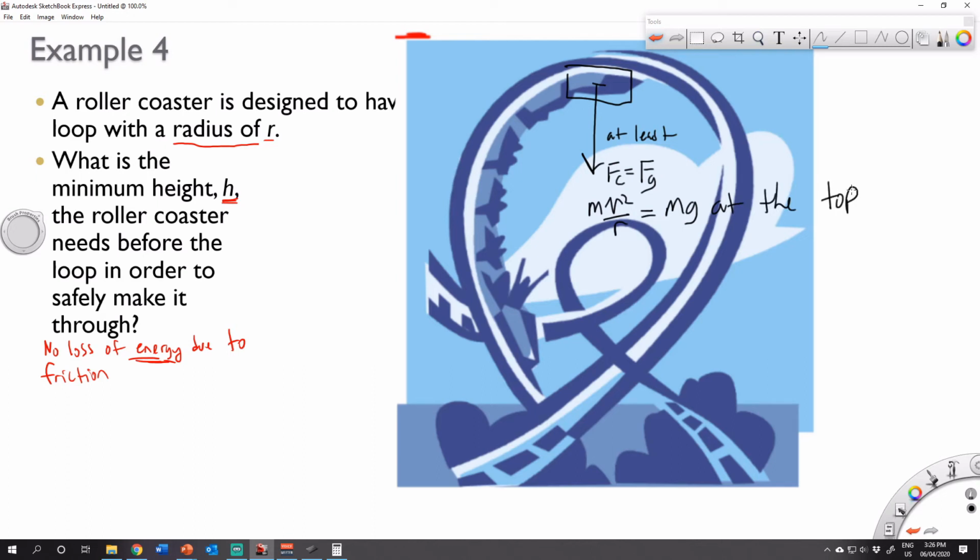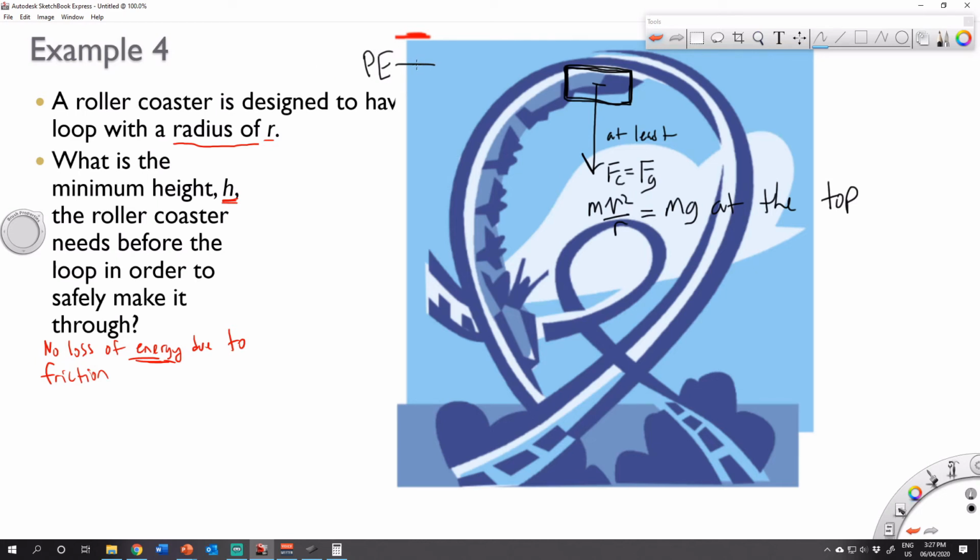Now, one of the things that a lot of students make the mistake of thinking is that my drop height only needs to be the height of the roller coaster. But that's not entirely true, because if your drop height is the height of the roller coaster and you're analyzing this using energy, remember that we had our potential energy, total energy, kinetic energy.